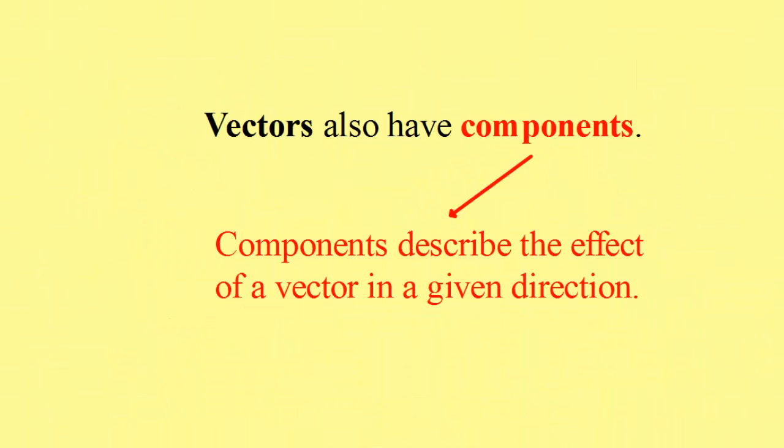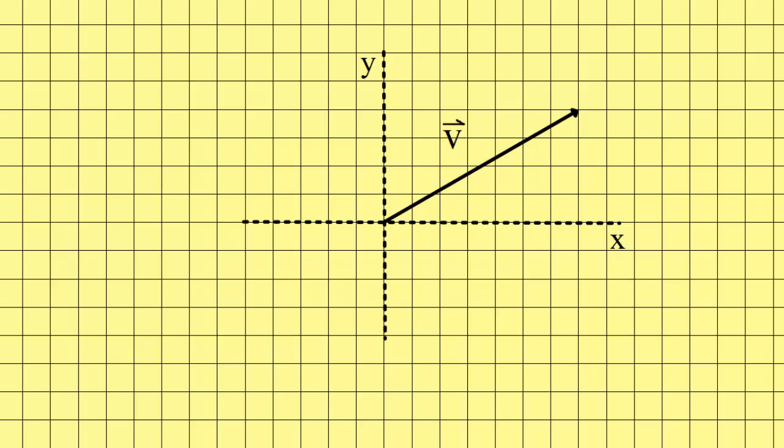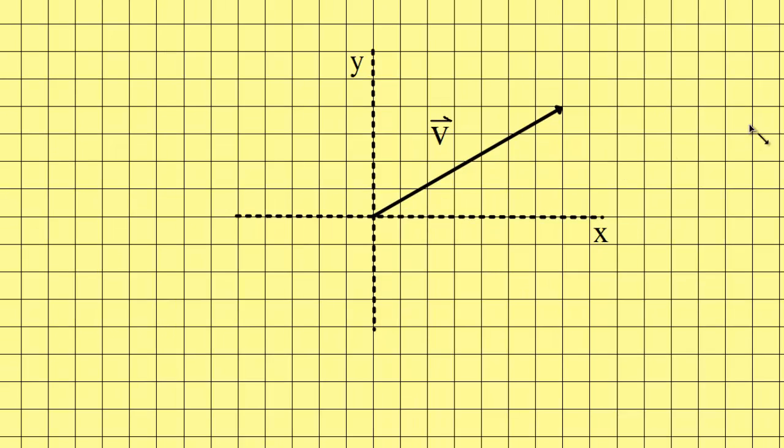Another interesting thing about vectors is that they have components. And the definition of a component is that it describes the effect of a vector in a given direction. So let's take a look at that. Here's our vector again, and I put it on a coordinate plane. Since a component describes the effect of the vector in a certain direction, let's describe this vector in the x direction.